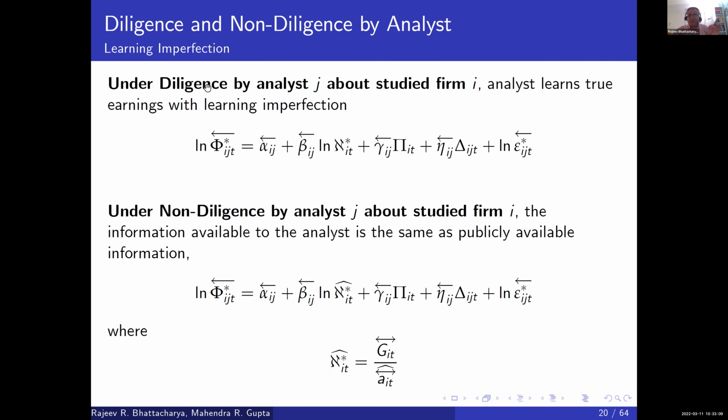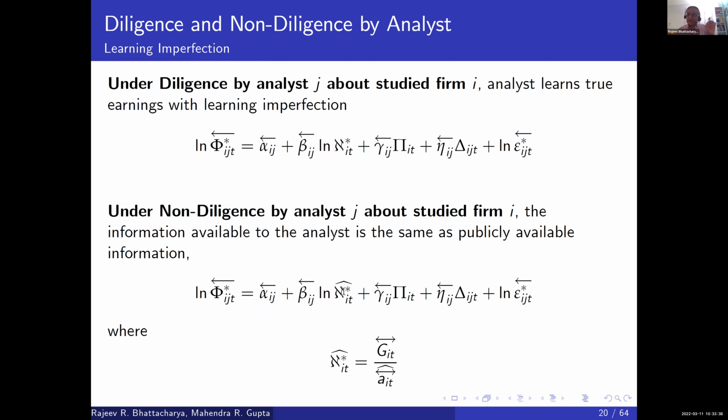The only difference between under diligence and under non-diligence is that the same equation is now a function of log Aleph IT star hat, the best public estimate of the actual earnings, which is obviously a function of the guidance and the over guidance parameters and so on. That is the fundamental difference between these two models.